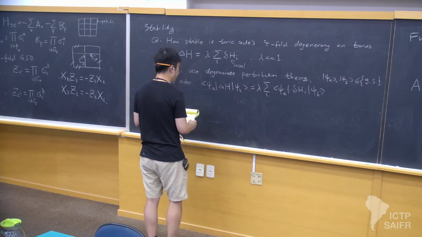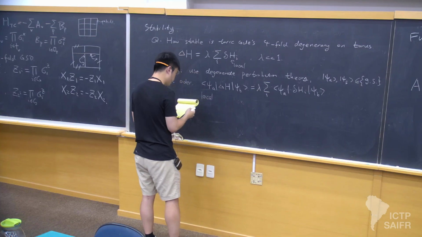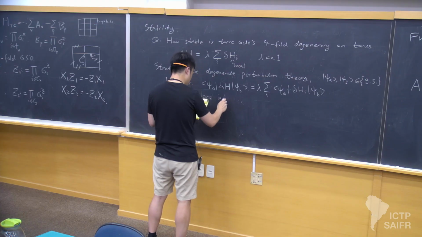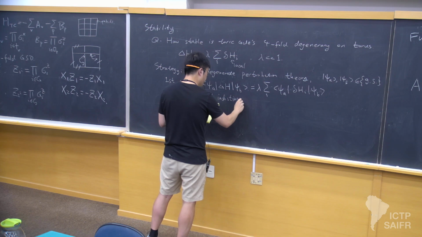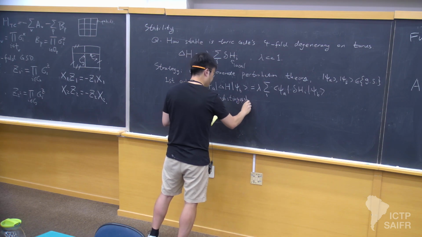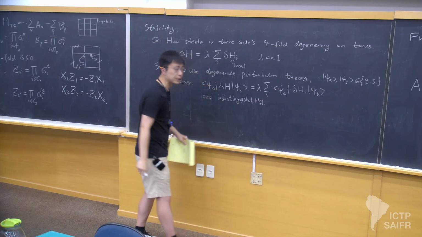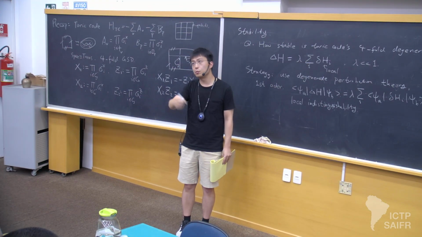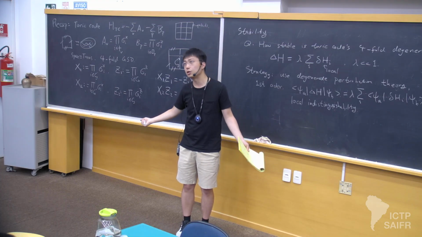And then, remember, you have the important result we discussed by the end of yesterday, which is local indistinguishability. Which means if I'm only allowed to use a local operator to probe the ground states, then all the ground states look the same. There's absolutely no way for me to tell one from the other.